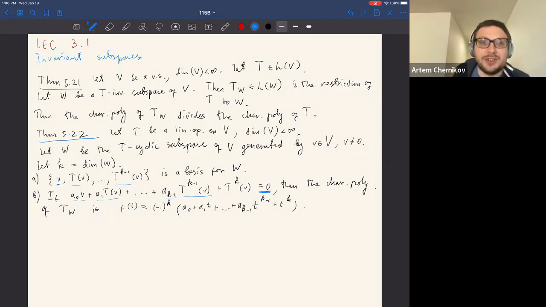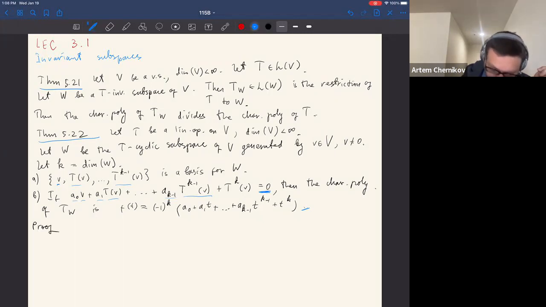Because T^k of v is just another vector in W. So such a_i exists. And once we determine such a_i's, we can write out the characteristic polynomial explicitly using this expression, okay? So that's the point of this theorem. It allows us to calculate characteristic polynomials of operators restricted to a cyclic subspace. Okay, so but let's prove it.